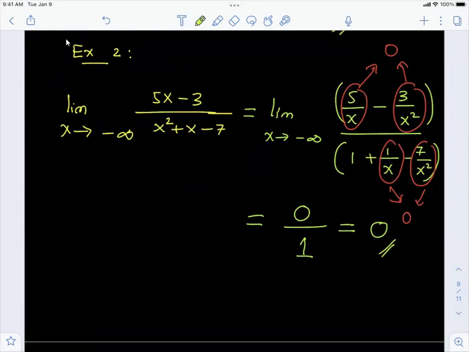X squared goes to infinity faster than the term 5x. So that dominates, therefore the denominator has more power, it increases faster compared to the numerator.